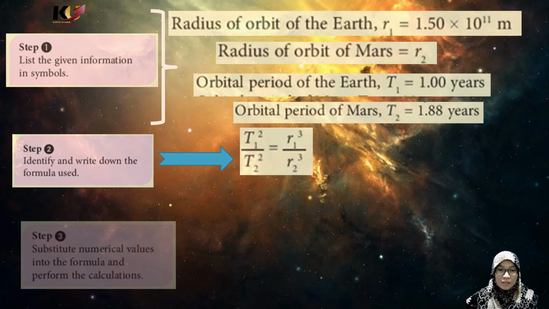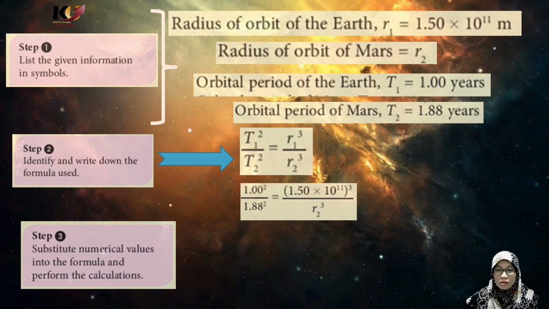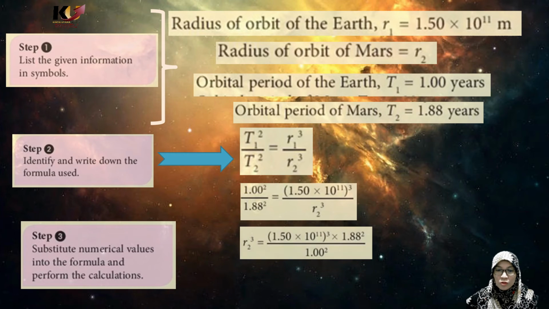Step 3: substitute numerical values into the formula and perform the calculation. 1 square over 1.88 square equal to (1.5 times 10 power of 11) cube over R2 cube. R2 cube equal to (1.50 times 10 power of 11) cube times 1.88 square over 1 square.